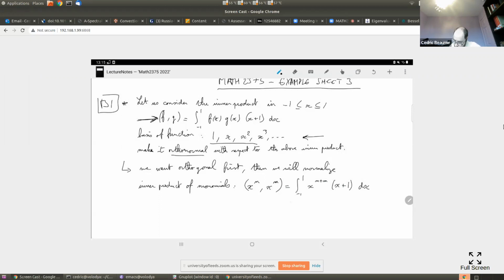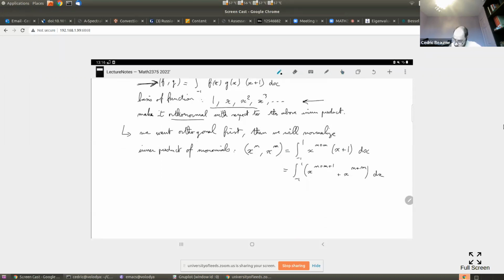I can just distribute this easily: x to the n plus m plus 1, plus x to the n plus m, dx. Putting parentheses there to make sure that we understand that dx applies to everything. And we can also very simply integrate that.